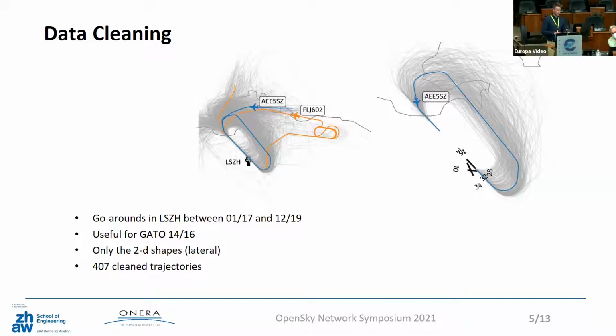In our database, we had 407 clean trajectories. What I call clean trajectories is a trajectory without any holding patterns that begins and ends at the same points. And basically that's what you see here on the comparison between the two flows.